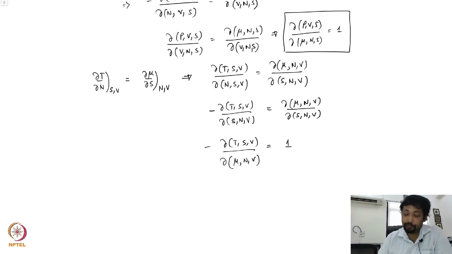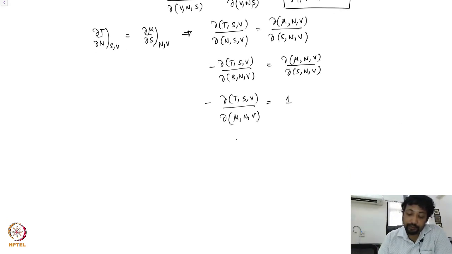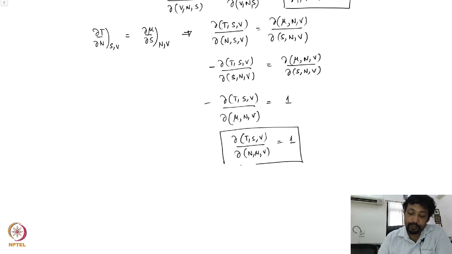I can interchange mu and N here again, so that this becomes del T,S,V, del of N,mu,V is equal to 1. So this one is your third Maxwell's relation.